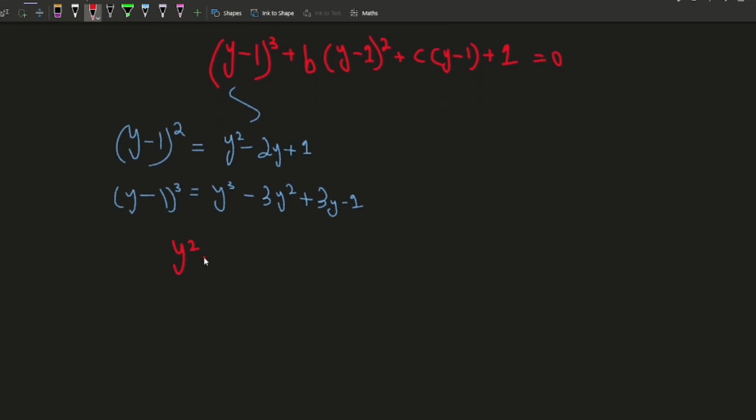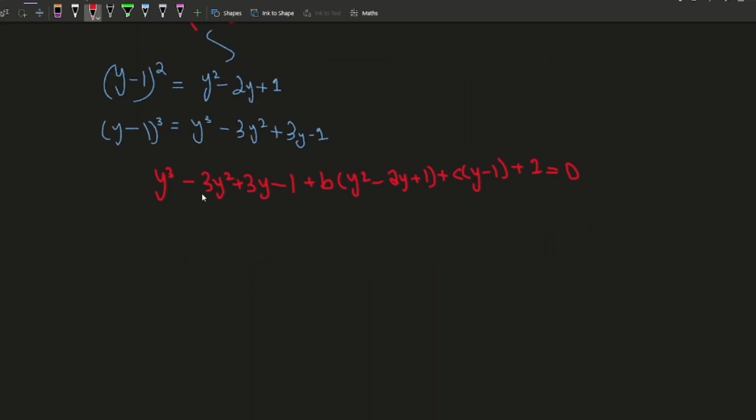Let's input this. So we will have y cubed minus 3y squared plus 3y minus 1, plus b times the expansion of y minus 1 squared, which is y squared minus 2y plus 1, plus c(y minus 1), plus 1 equals to 0.